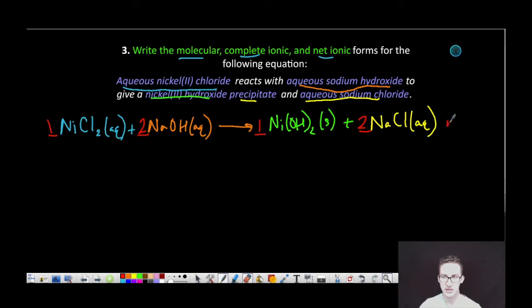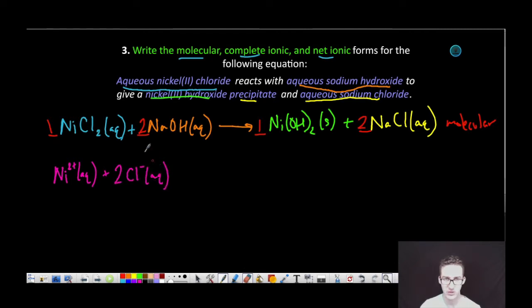This represents the molecular equation. The complete ionic equation, we are simply going to split apart anything that is aqueous in nature. We're going to keep together anything that is not aqueous in nature. So we got the nickel 2 ions and 2 chloride ions.